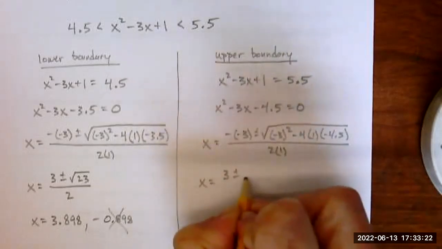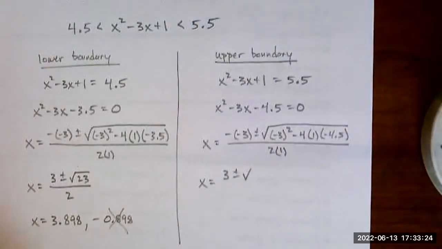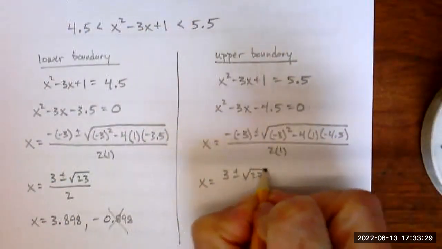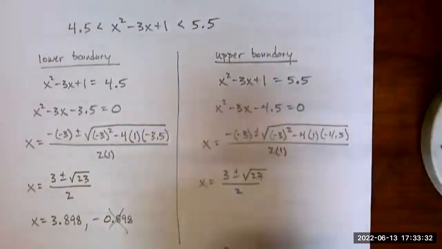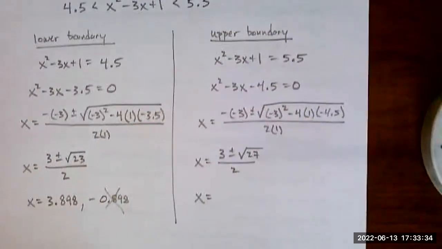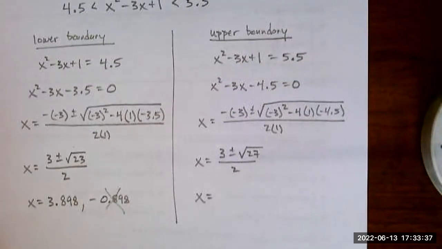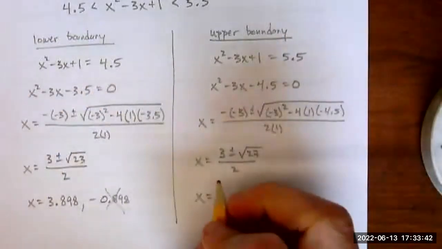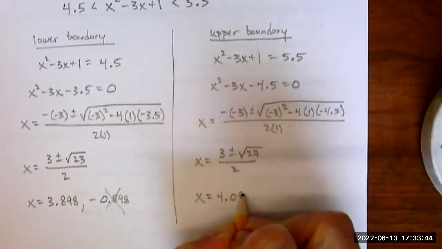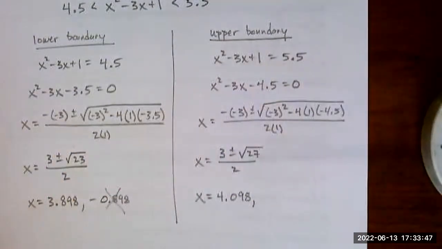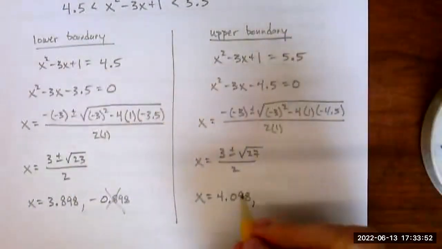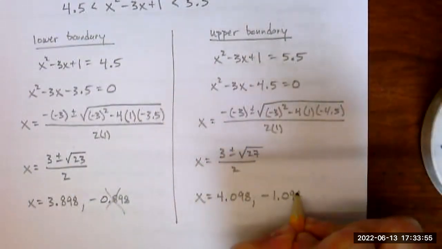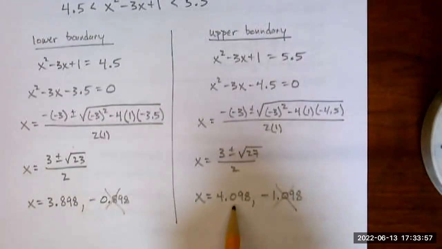So that's 3 plus or minus the square root of 27, over 2. All right. Let's see what we got. We got 4.098. And when I subtract, negative 1.098. Okay, well, it's not this one. It's the one close to 4.